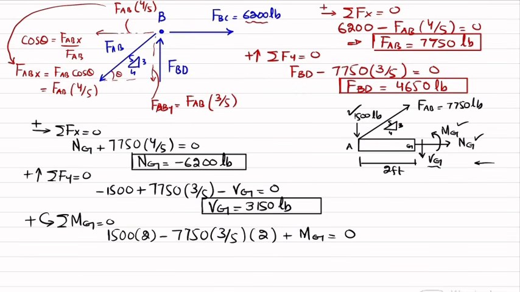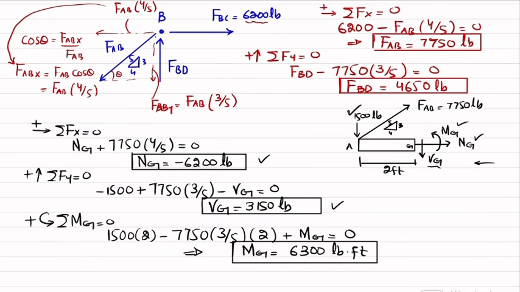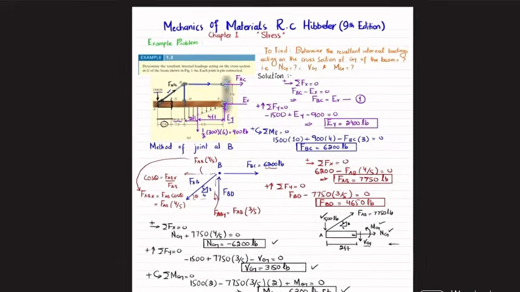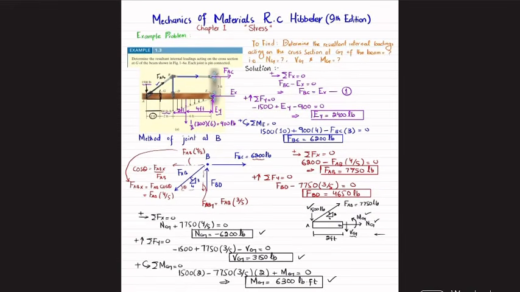When you solve this, you will get the moment at point G as 6,300 pounds into feet. NG, VG, and MG are the internal loadings for the beam at portion AG. And that was all about this example problem 1.3.